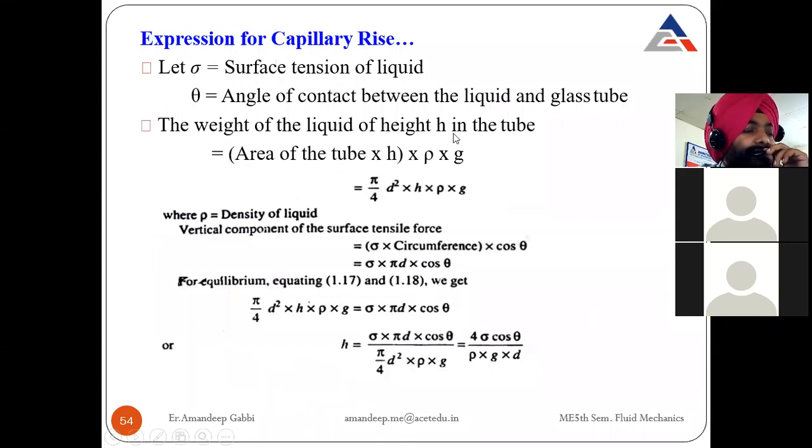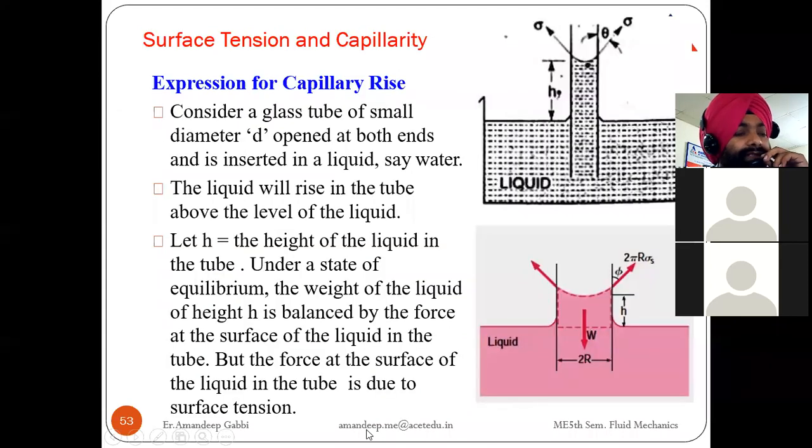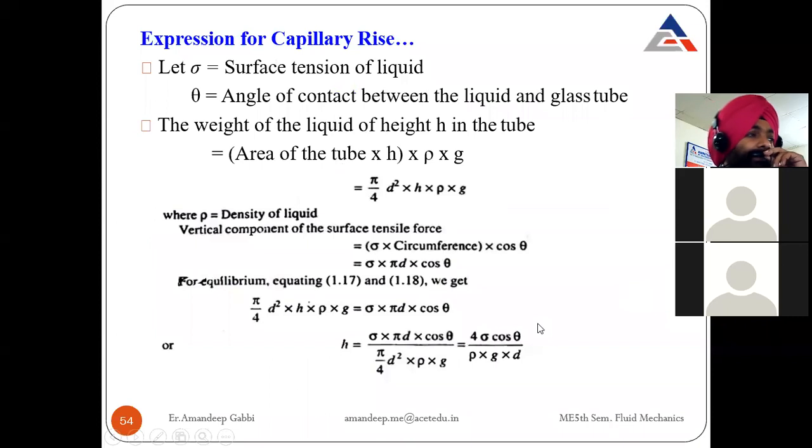Now consider the weight of the liquid of height h in the tube. The weight of this liquid in the capillary tube up to this height is taken as W. And W is equal to the area of the tube times h times rho times g.